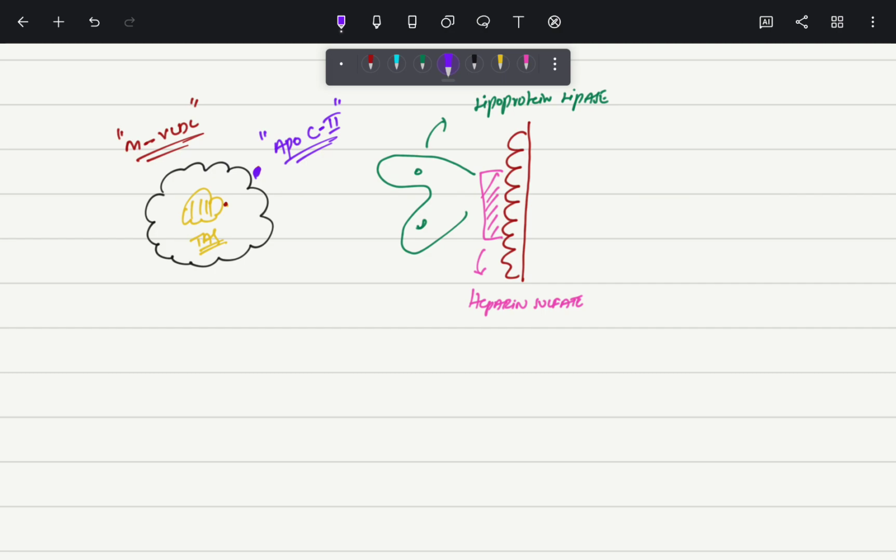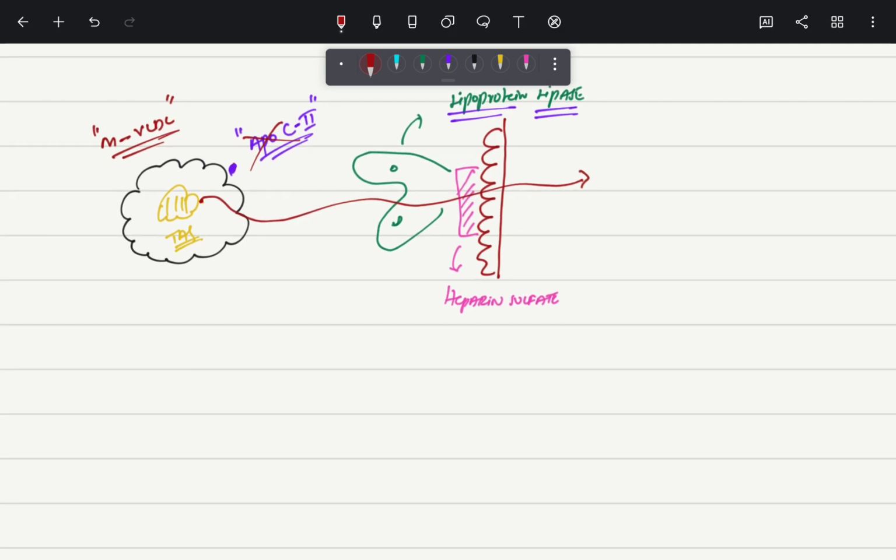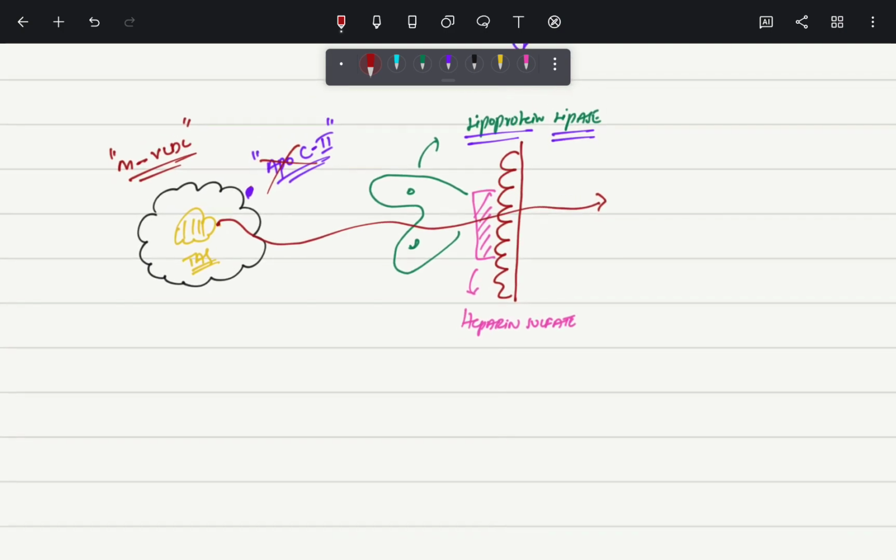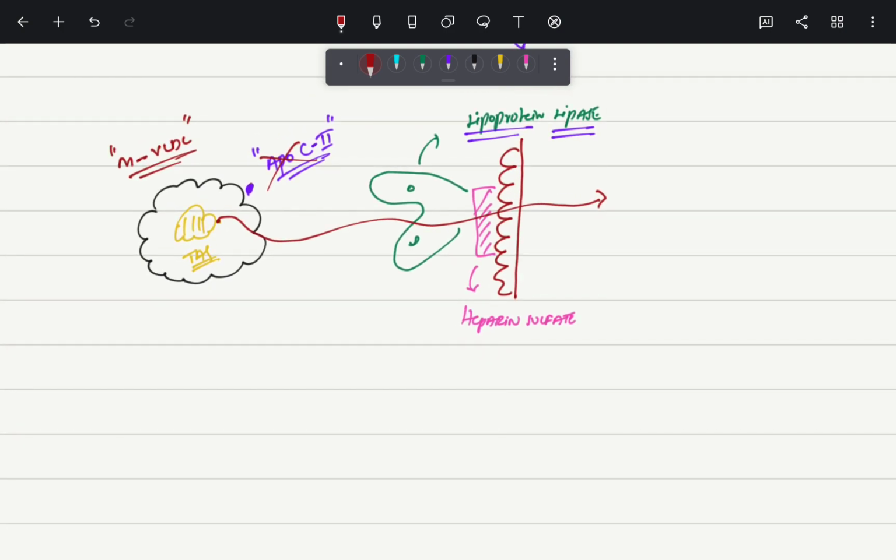I'm going to call it apoprotein C, so it will be easy for us. Apoprotein C is necessary for the enzyme lipoprotein lipase. If there is no apoprotein C, the lipoprotein lipase cannot extract the triacylglycerols. In simple terms, apoprotein C is required for the lipoprotein lipase enzyme to work. In its absence, it cannot metabolize the triacylglycerols.